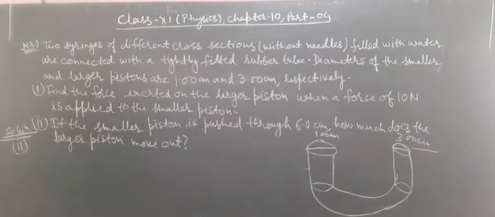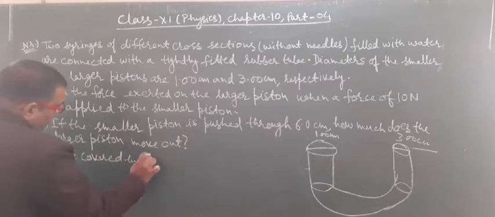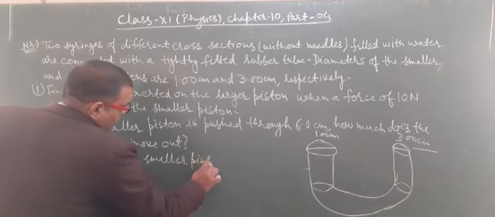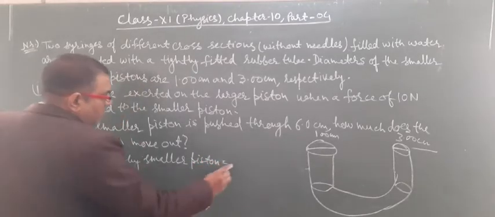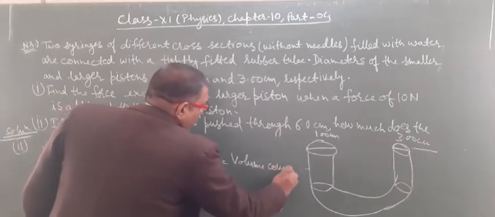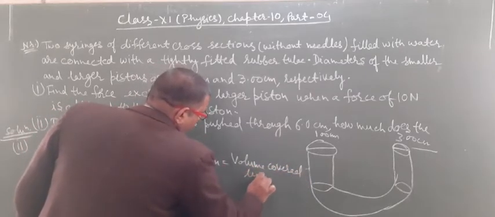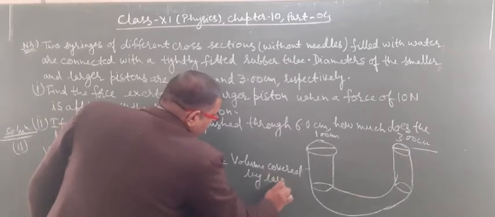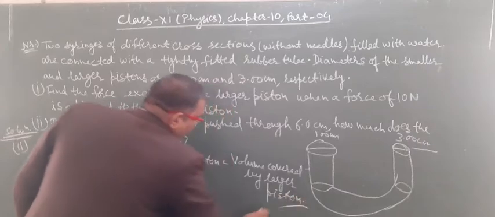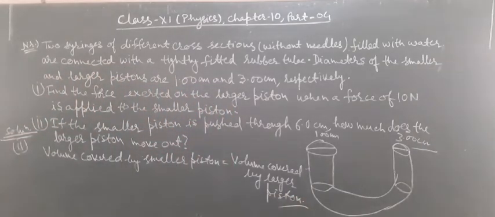So in the second part, the volume covered by the smaller piston is equal to the volume covered by the larger piston.